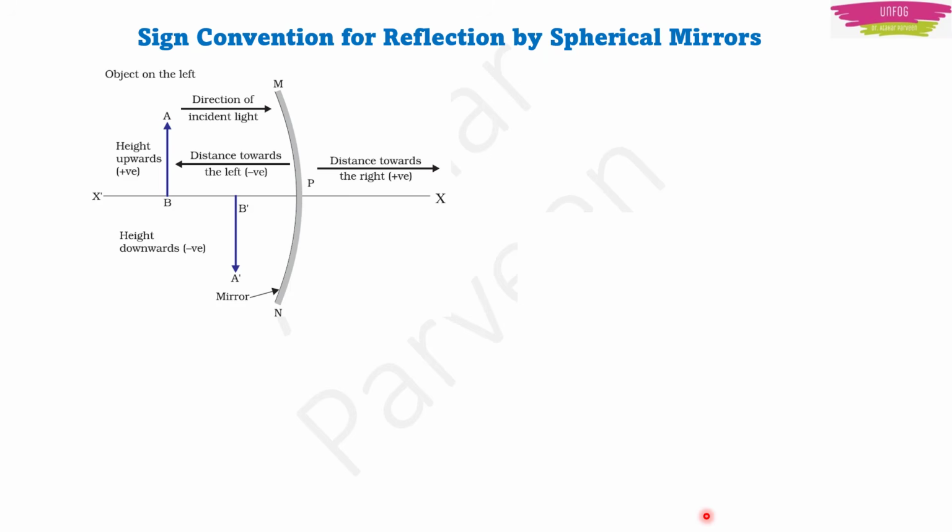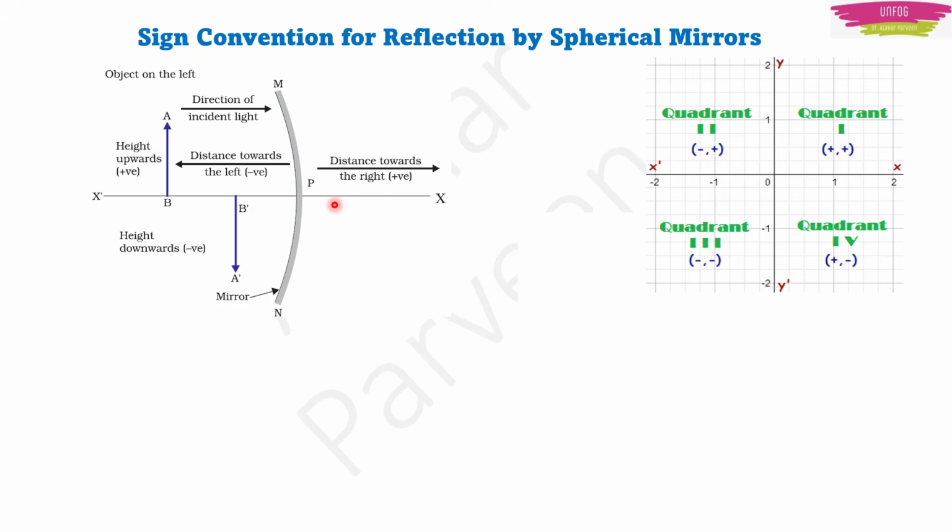For this, there is a simple strategy: treat the entire mirror setup like a coordinate system. Put the mirror MN in the place of the y-axis, and the principal axis X'X in the place of the x-axis, and treat the pole as the origin of this coordinate system.